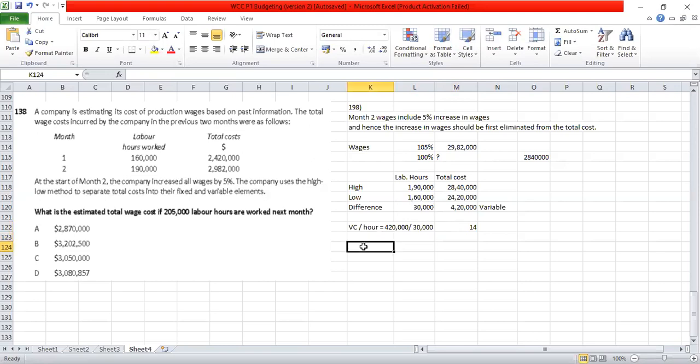The variable cost is 14 per hour. Select at 190,000 with cost 2,840,000. The variable cost would be 190,000 into 14.